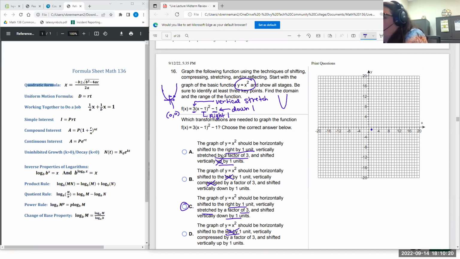And then the 3 says that that point 1 unit to the right, instead of being 1 unit above, is going to be 3 units above. So we have that vertical stretch. If you have some idea of what to look for, even as you're using the transformation tool, then you can tell if it looks like it's doing the right thing.